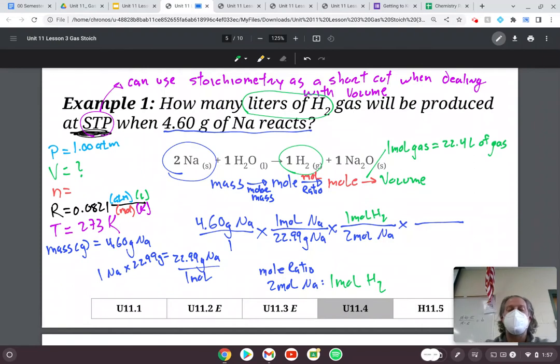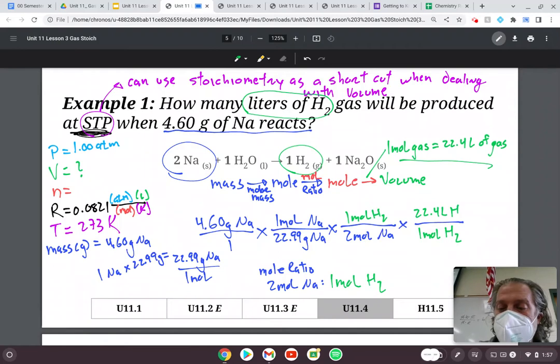And at this point, I've gone mass to mole, mole to mole, and now I'm going to go mole to volume. And when I go mole to volume, I need to use this relationship here. So I'm going to put 1 mole of gas, which in this case is H2, on the bottom, and 22.4 liters of H2 on the top. I'm going to grab my calculator, and I'm going to calculate straight through.